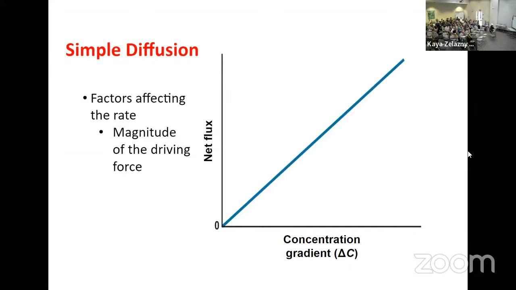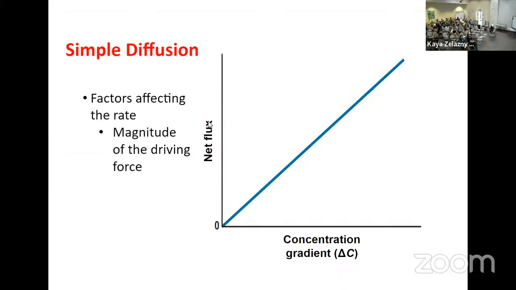So we're looking at rates of transport, which we're starting with simple diffusion. Really, what we're thinking about mainly on the y-axis, let's start with the y-axis, right? We're interested in rate of transport. So we're interested in how much is moving, right? So net flux, net is our overall flux. We're thinking flow. So the overall flow of whatever it is we're tracking.